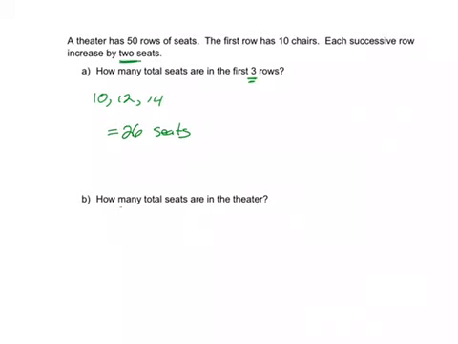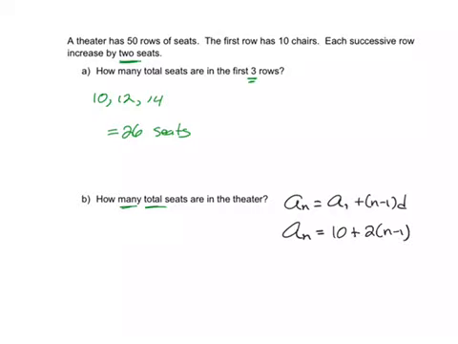Now I want to know how many total seats there are in the theater. I know that I have 50 rows. So if I write my formula, a sub n equals a sub 1 plus n minus 1 times the difference. The first row has 10 chairs, so 10 plus the difference, again 2, times n minus 1.